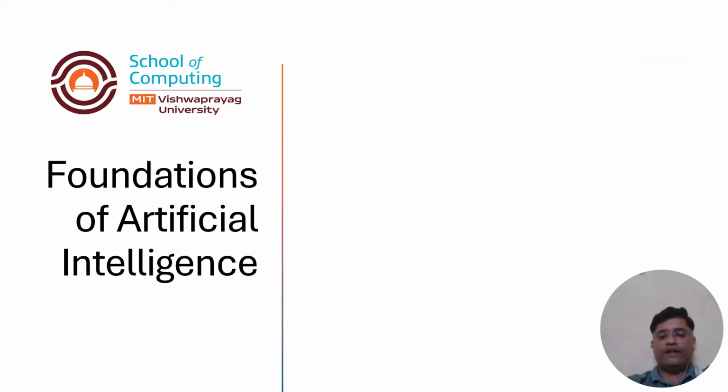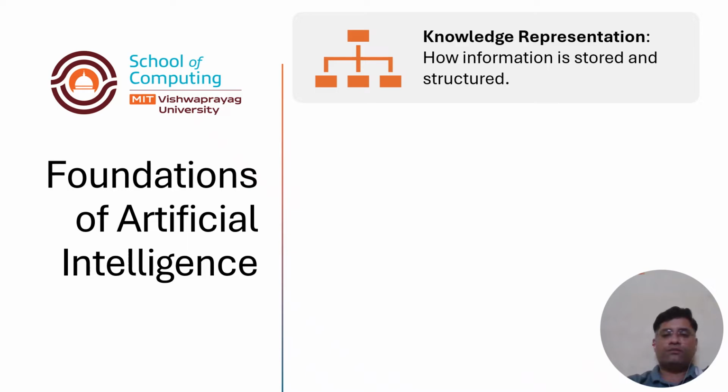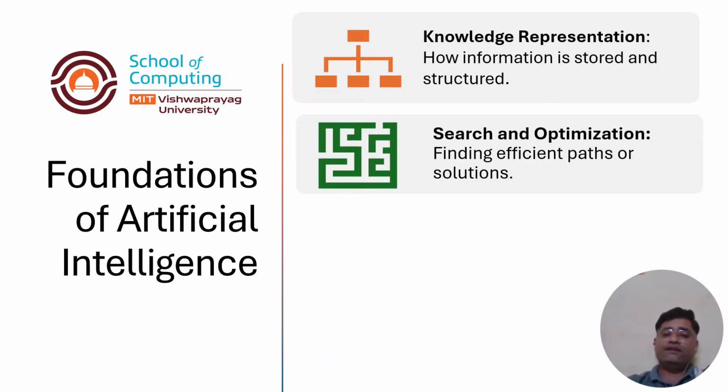Now, if you want to develop your own artificial intelligence based system, what are the foundations you must know? The first and foremost thing is knowledge representation. To develop an AI powered system, the very fundamental thing that we should have is knowledge in terms of data. The second important thing is search and optimization algorithms.